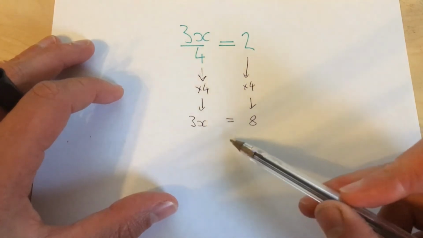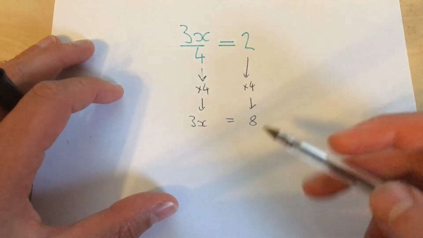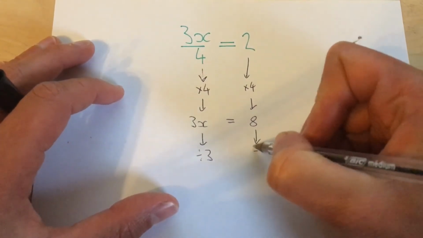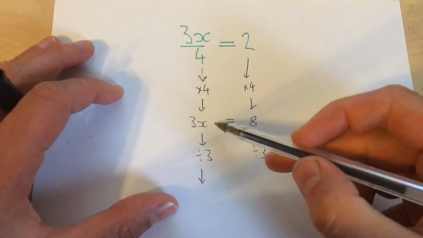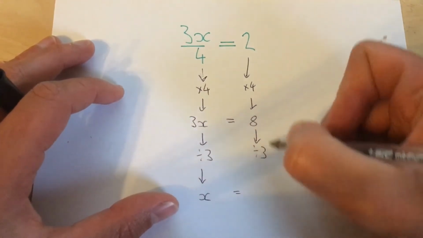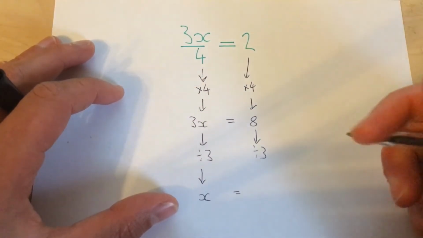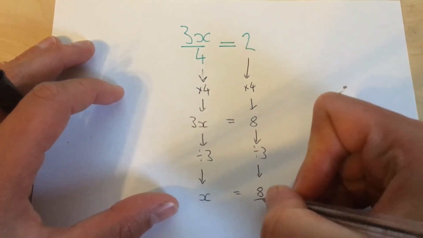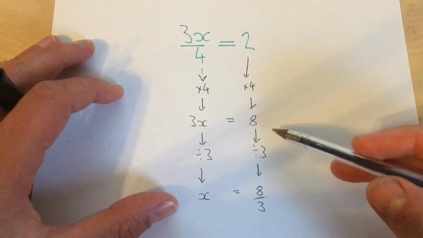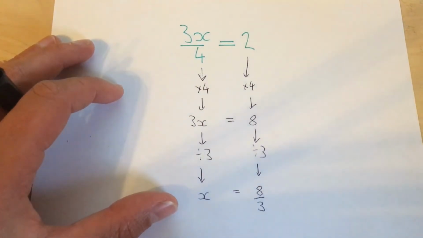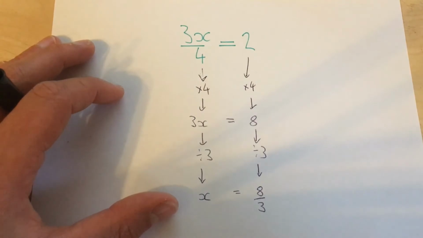So 3x equals 8. To find the value of 1x, I need to divide both sides by 3. So 3x divided by 3 leaves me with 1x, and 8 divided by 3, well, I can't do that without a calculator, so I will leave my answer as a fraction. That is 8 divided by 3, written as 8 over 3, or 8/3.